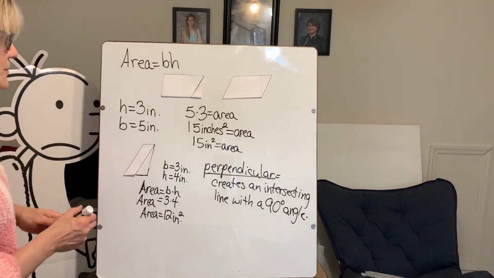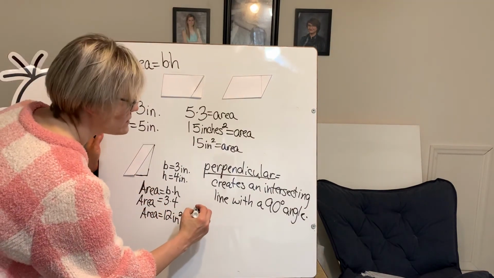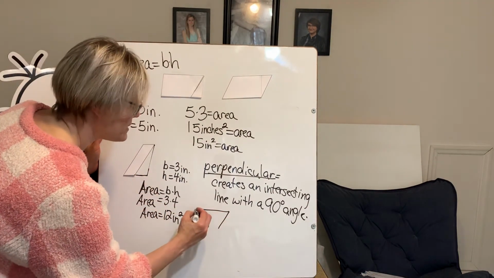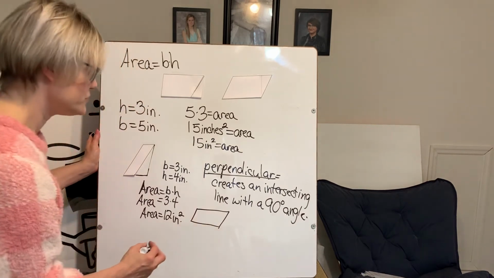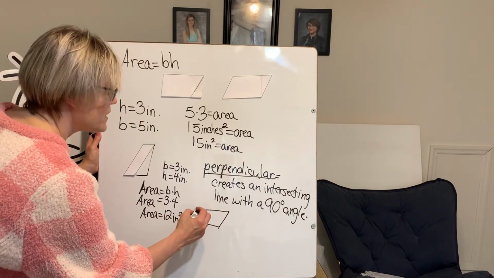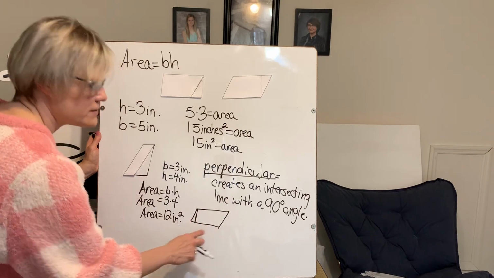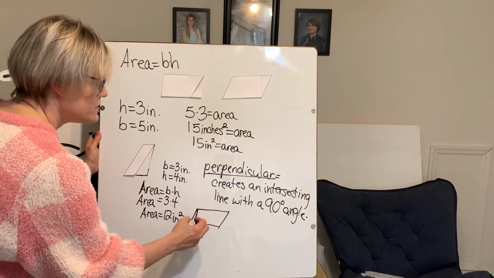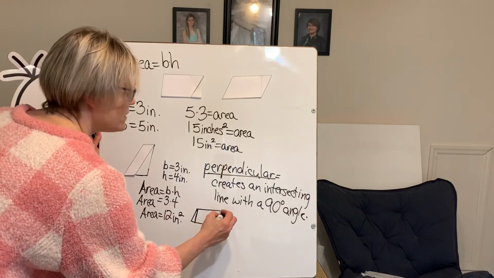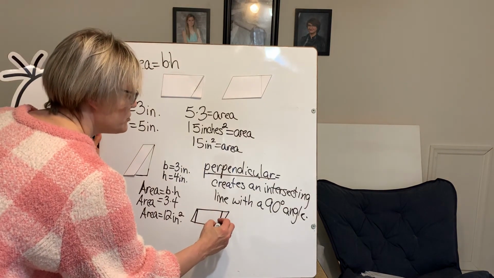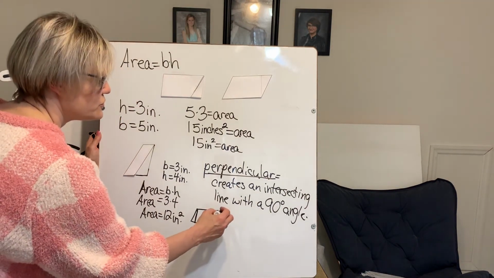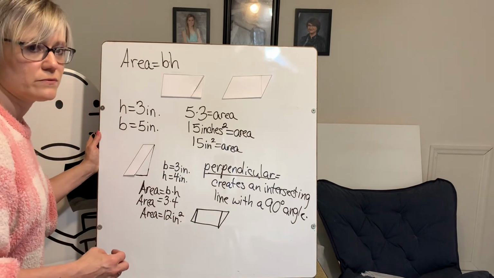So say I've got, let me go ahead and draw what I mean by that so that you understand. If I draw a line right here, this is perpendicular to the base. So I'm drawing a perpendicular line to the base. Again, over here, when we drew a line, we drew a perpendicular line to the top, okay?